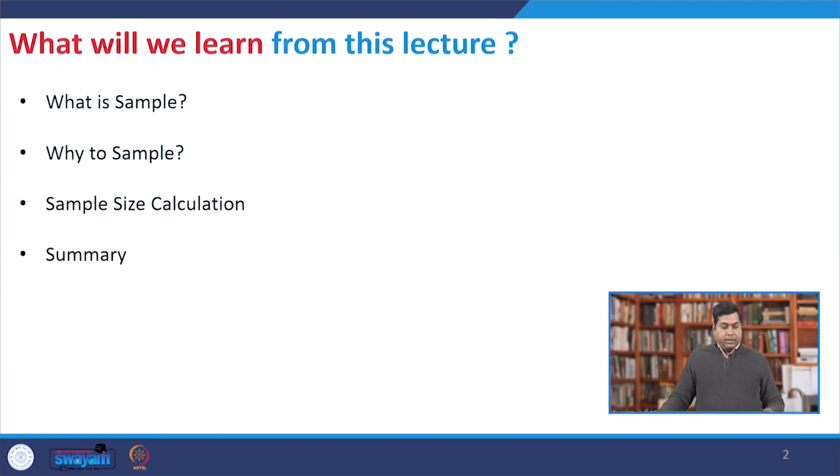So what are we going to learn out of this particular lecture? What is a sample? Why sample? Why is it required for a study to go for some sort of sample selection? Then I will show you some sample size calculations, which are very particular to a participatory approach or study where you capture the user's perception, user's experience.